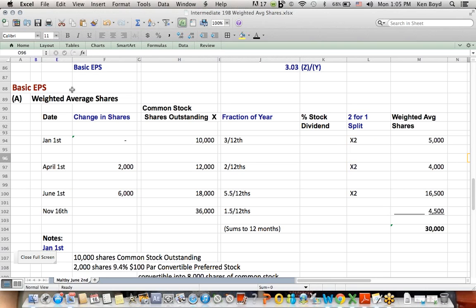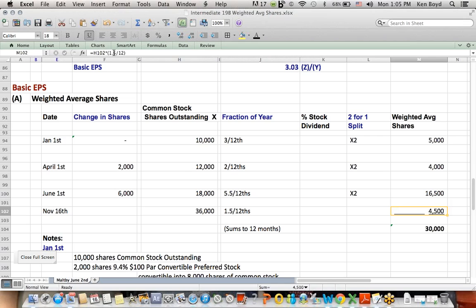Finally, for basic earnings per share, we multiply across: number of shares times the fraction of the year, 3/12, times 2 for the stock split. We get 5,000. Same thing here: 12,000 times 2/12 of a year times 2 for the stock split, 4,000. And you work your way down.